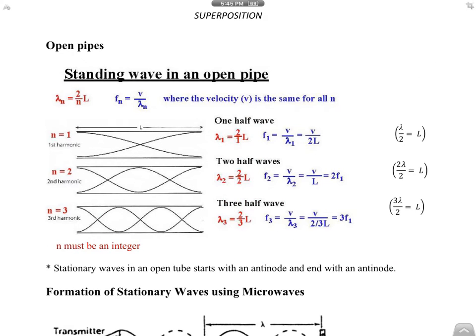Now for an open tube, it's a little bit different. No matter what happens, when you want to see the shape of the stationary wave, this side must be an antinode, and this other side must also be an antinode. So how are stationary waves formed? Because people don't understand how it is reflected since this is empty. So imagine the sound waves coming from here, the speaker is here.